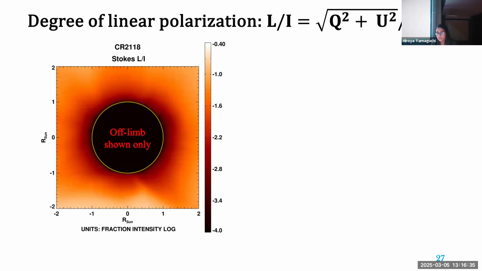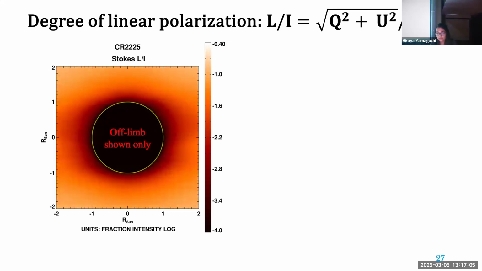Then we calculated the degree of total linear polarization, which is L over I, where L is the root sum square of Stokes Q and U, and the denominator I is Stokes I, which is the sum of both polarized and unpolarized intensity. So here we can see the off-limb features, and how they change with different phases of the solar cycle.